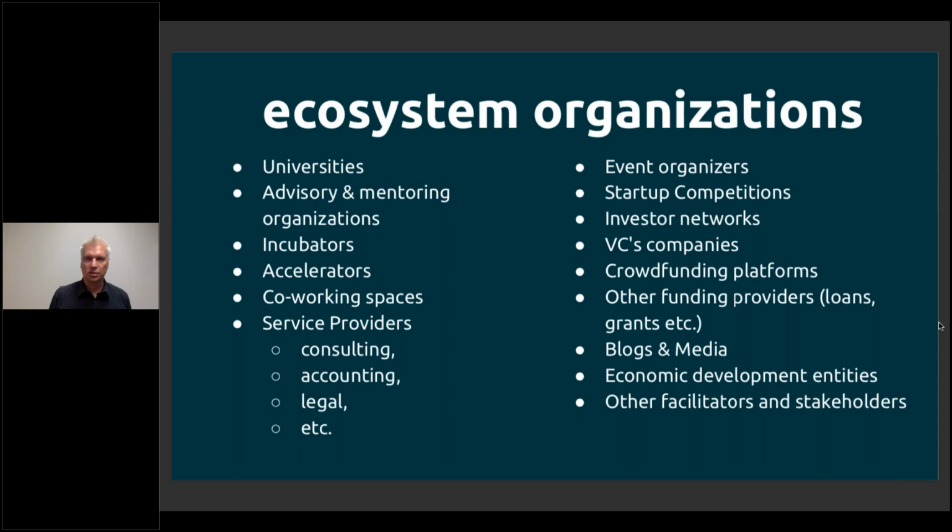There are startup competitions, investor networks, VC companies, crowdfunding platforms, other funding providers, public grants, loans, startup blogs, business media that focuses also on innovations and new companies, economic development entities, and other related facilitators and stakeholders.